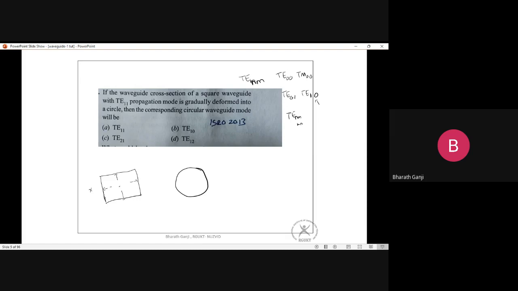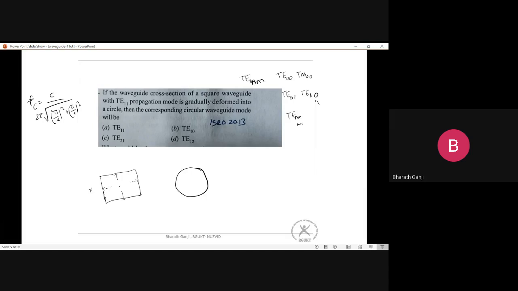For example, if I assume it's an air-filled square waveguide, the cutoff frequency is c divided by 2 pi times the square root of (m pi by a) whole square plus (n pi by a) whole square, where m is 1 and n is 1. So from this you get a cutoff frequency.